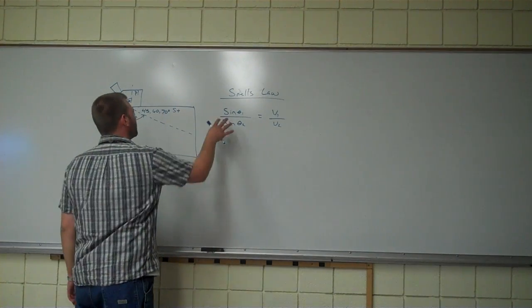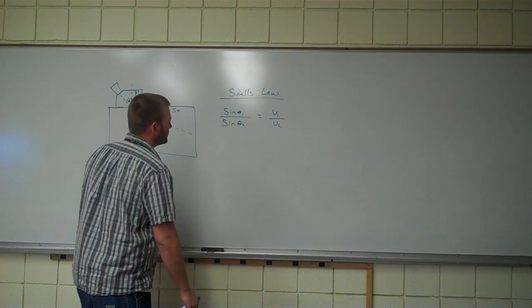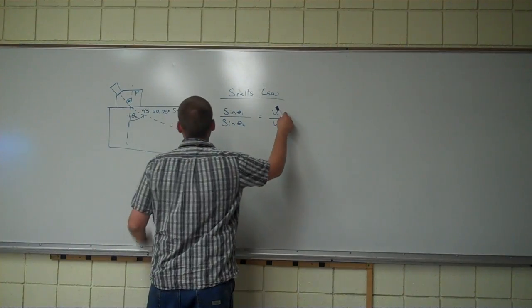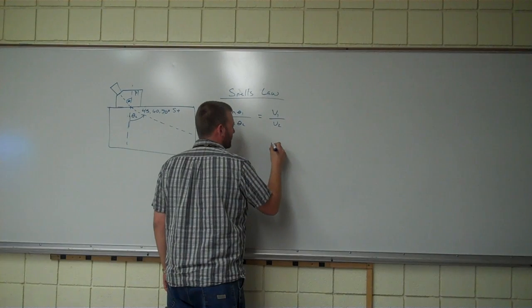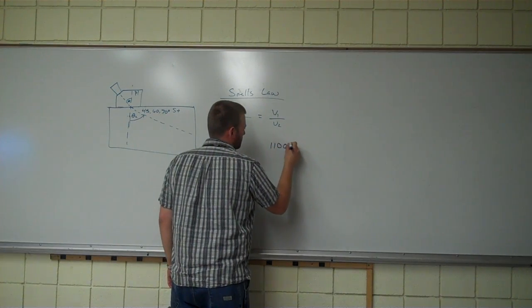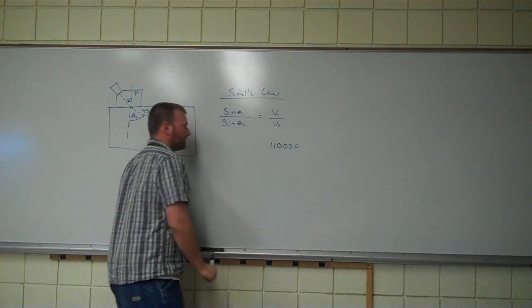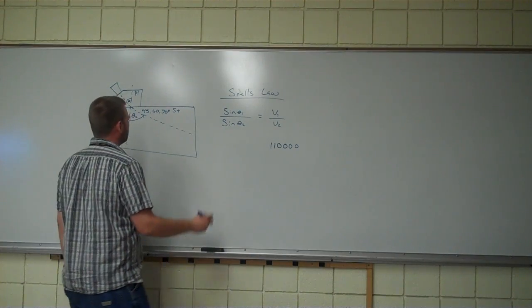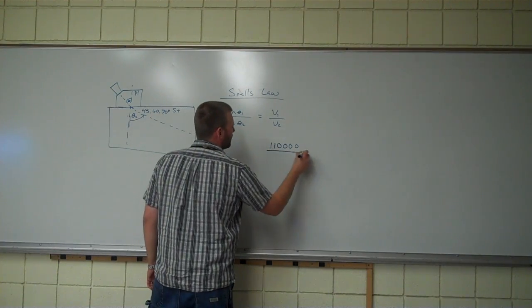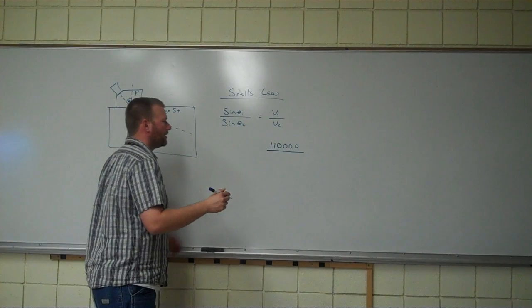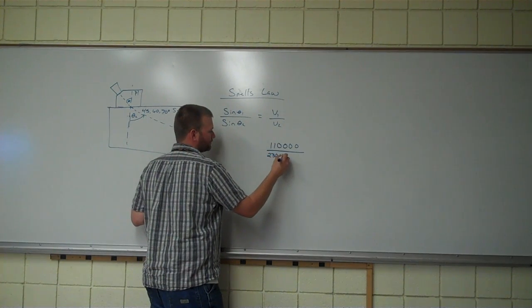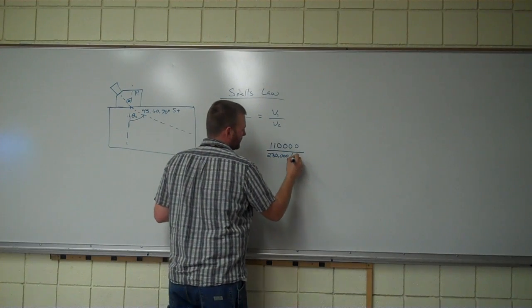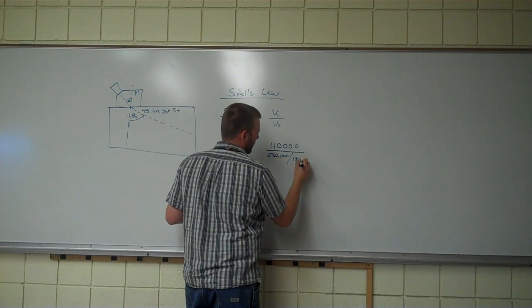So, let's plug some numbers in here and see what we come up with. Let's say our first material is plexiglass. I'm going to plug in the velocity of plexiglass, about 110,000 inches per second. And I'm going to plug in two velocities: first the longitudinal velocity of steel and the shear wave velocity of steel.